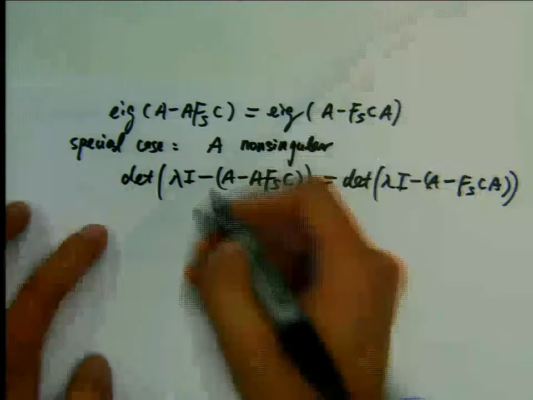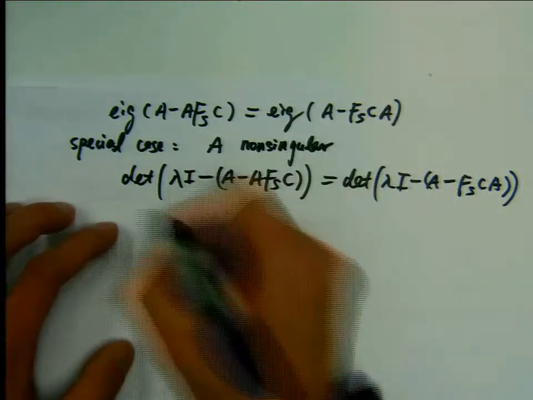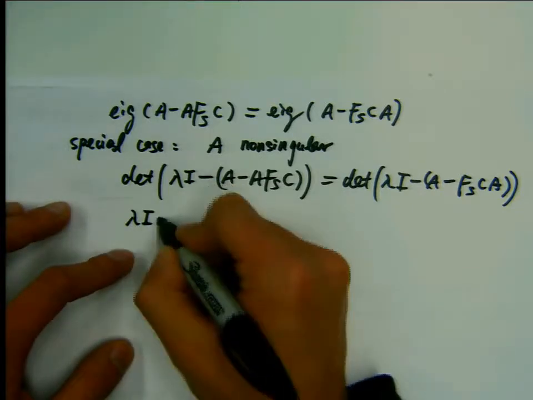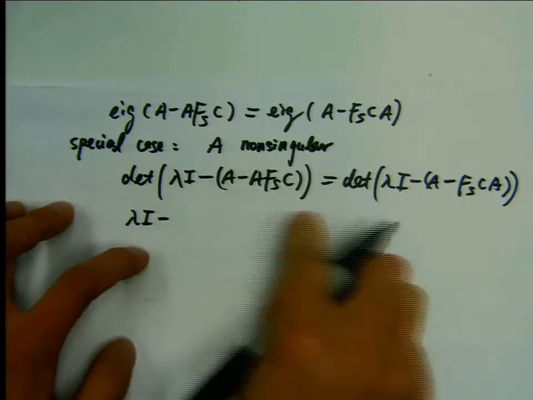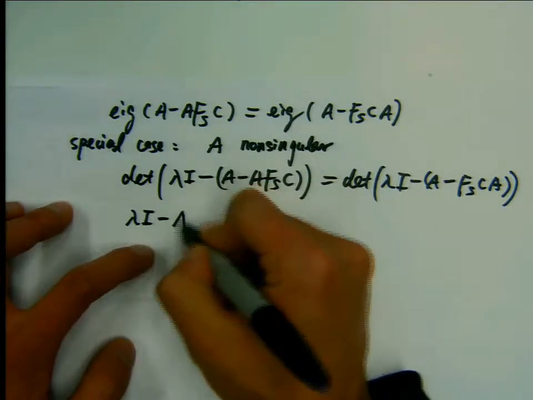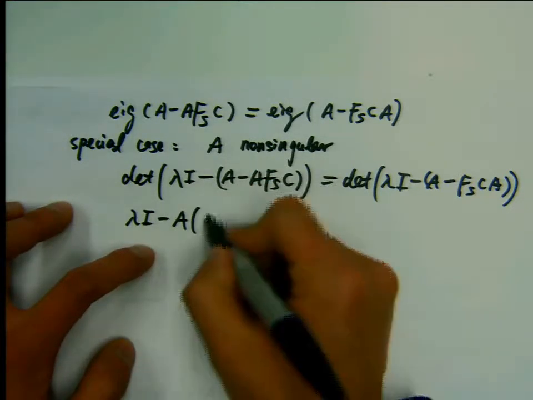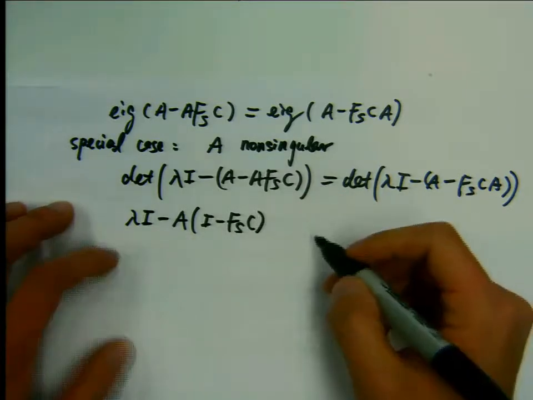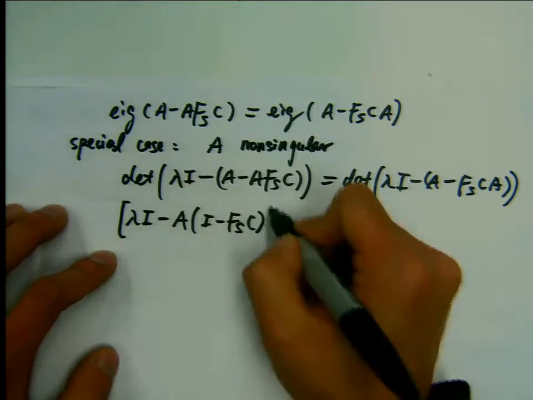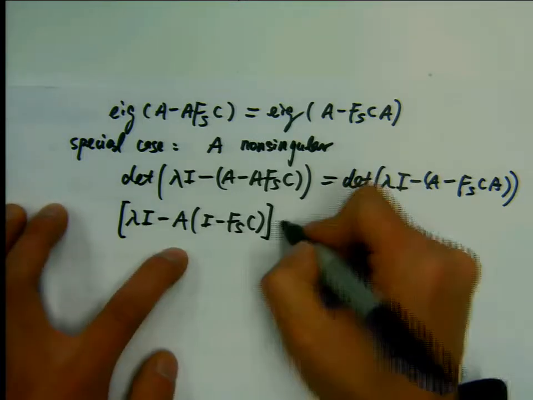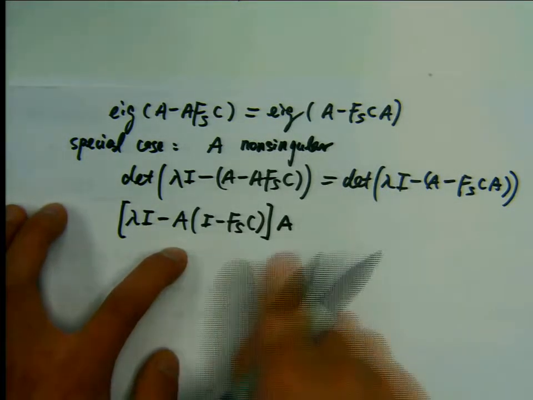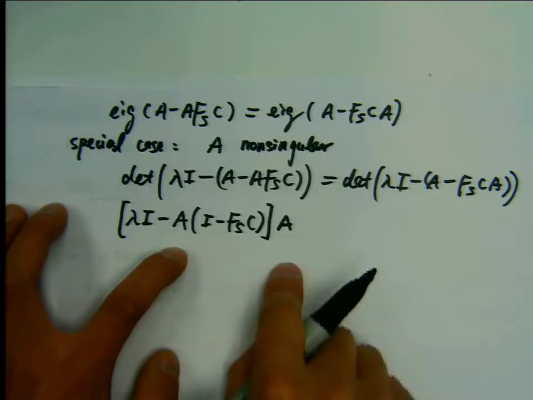One intuitive way to understand this is to look at the left-hand side here: lambda I minus A, so the inside is identity minus Fs C. If I multiply this equation with A on the right, if A is non-singular, all the matrices are square, so I can do this.